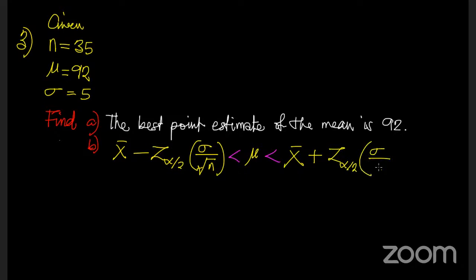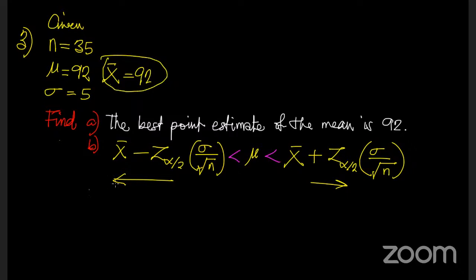Standard deviation by the square root of the population. This to the left, this to the left, and that to the right. So here is negative. We subtract, but rather we add. What is our x? This is our mean, right? The given mean is the 92. You could also write it as just this instead.